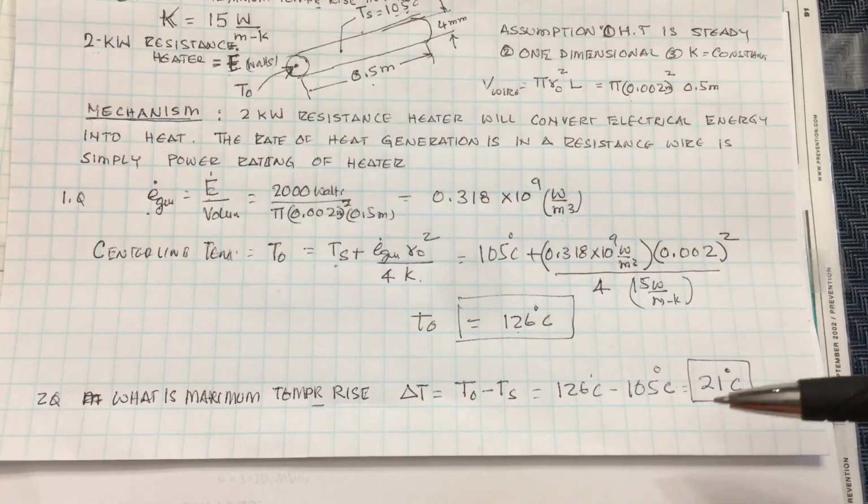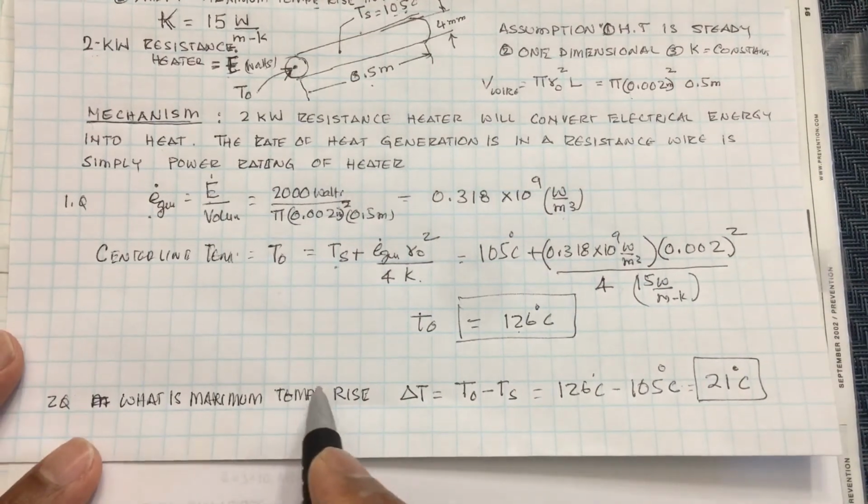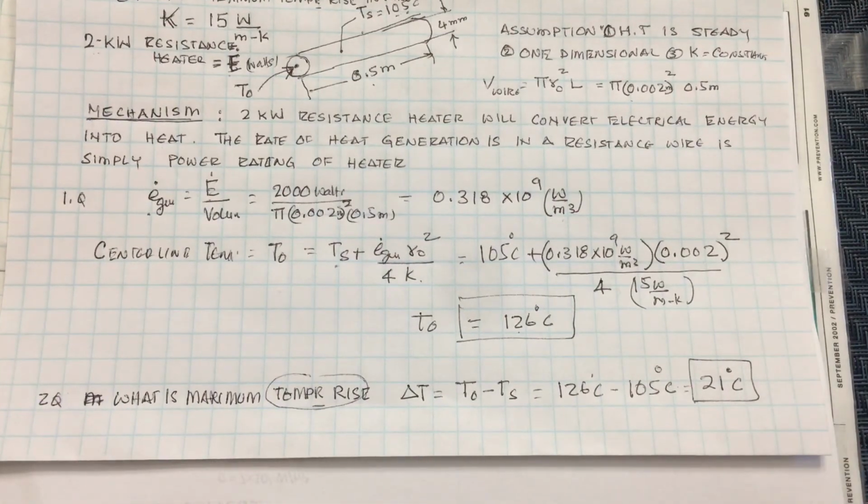And the second part is much easier. I just wanted to point out to you, whenever they say temperature rise, all it means is the delta T between center line and outside.